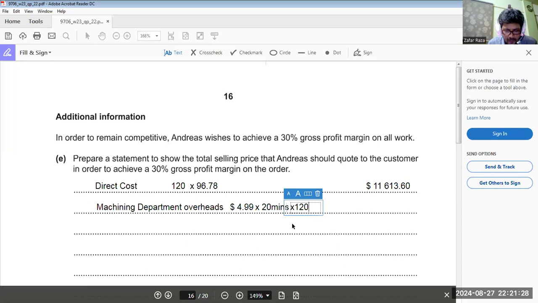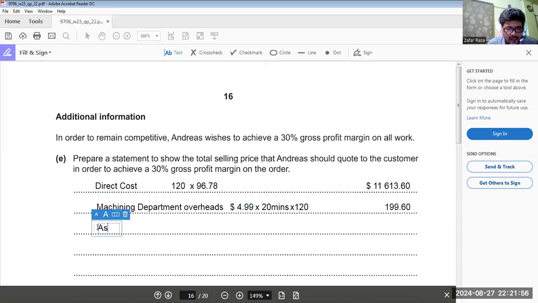Okay. 4.99 multiplied by 20 divided by 60, 1/3. So 4.99 multiplied by 120 divided by 3. $199.6. $199.60.